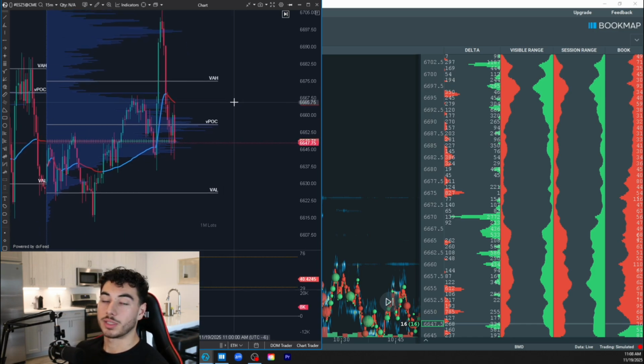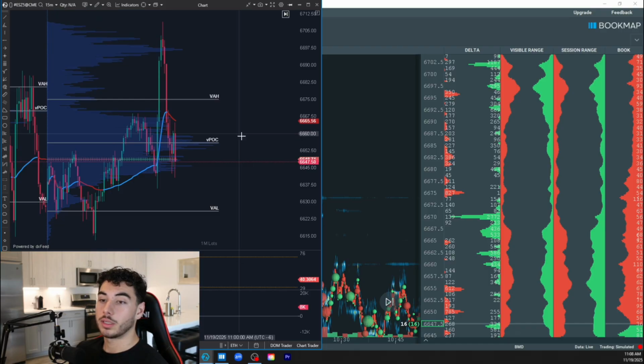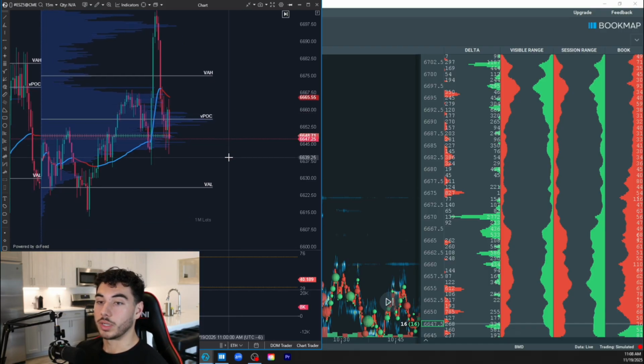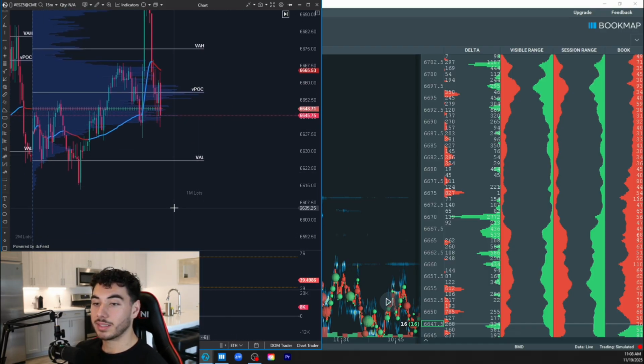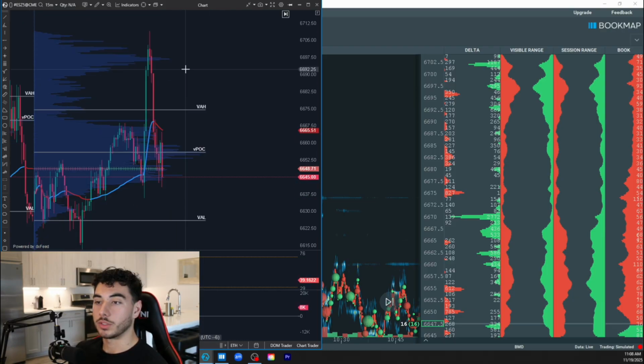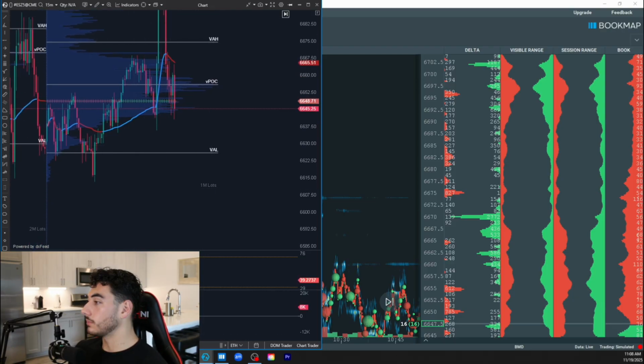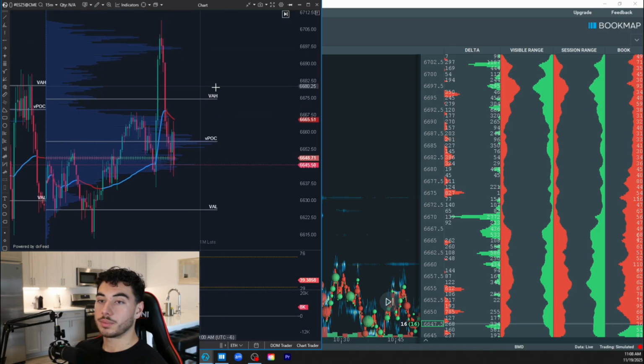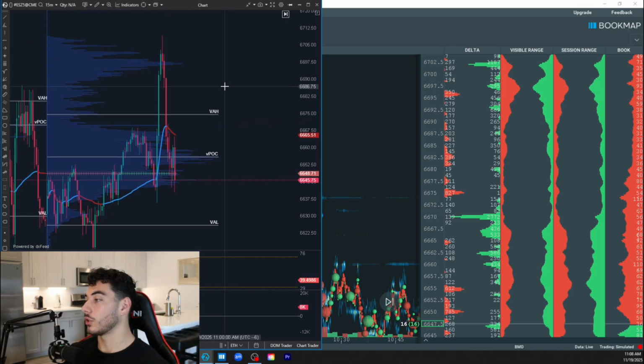Now that's important to us because that shows us where value is. Where are these participants agreeing on value? Anything past the value area low, you would assume is oversold, and anything above the value area high is overbought, so it's overextended and underextended. There are also two concepts in here that I use. The first is low volume nodes, low acceptance zones, and that's scalper's gold, which is what I do.